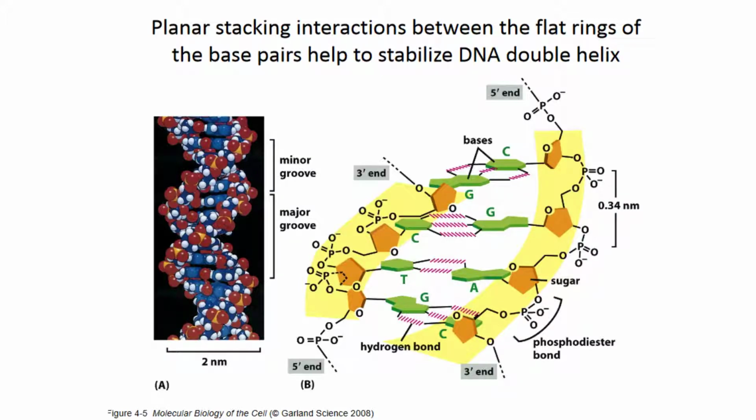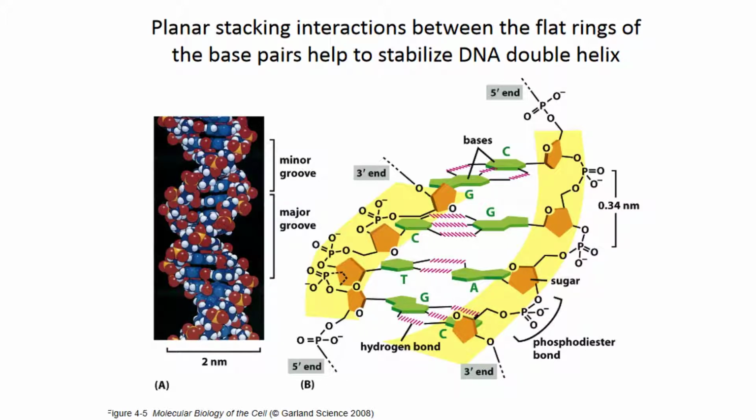Okay. The planar stacking. So you have an orthogonal stacking, with the orange rings and the green rings, which is the major part of ensuring stability in DNA, and also a couple of numbers, as you see, like how far apart those phosphates are.